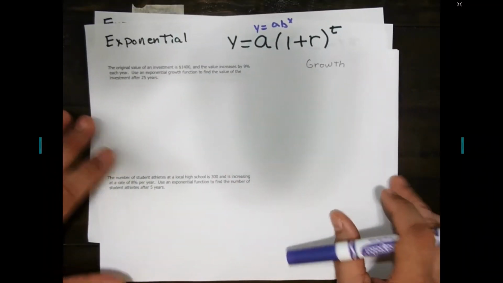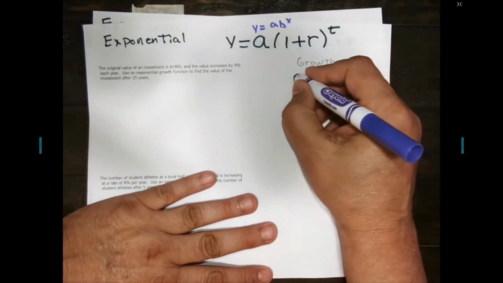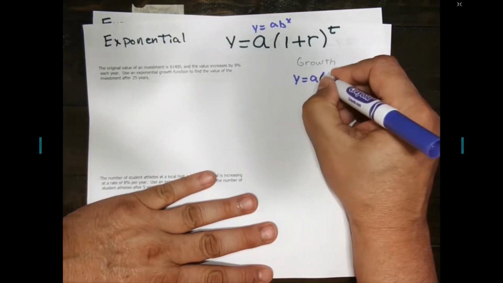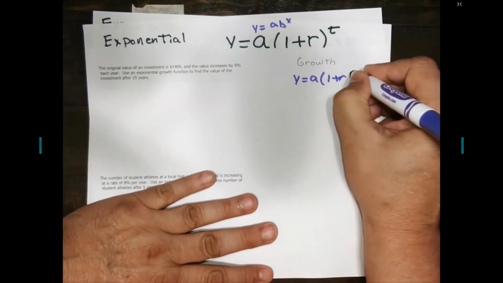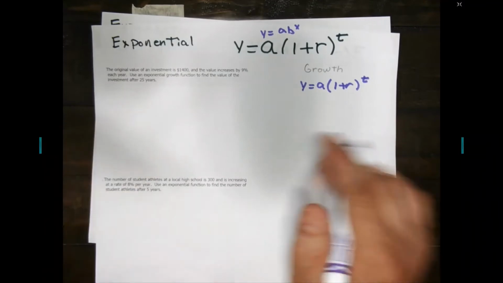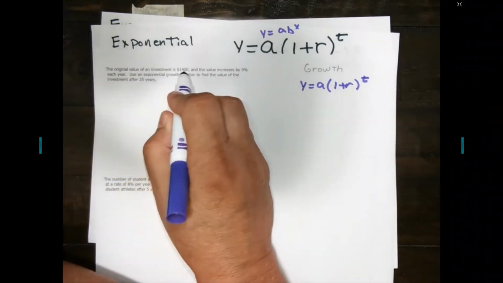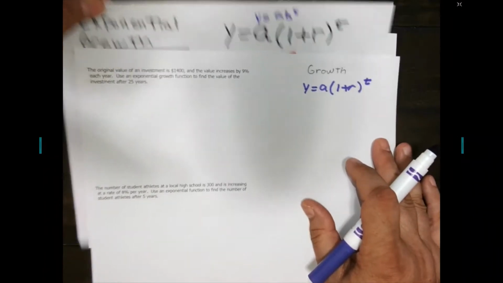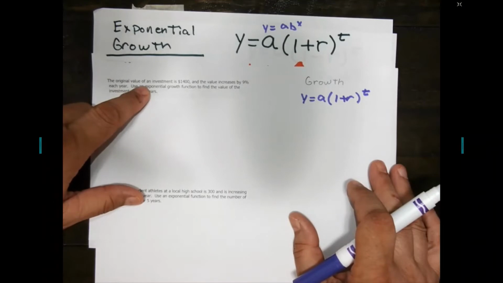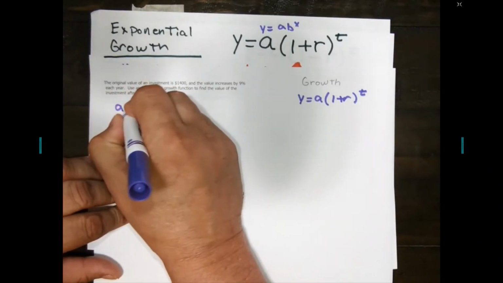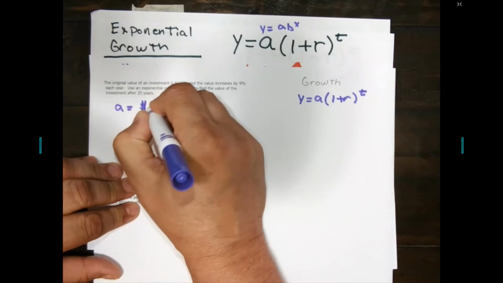Okay, exponential growth. So we know the function, again, is y equals a times 1 plus r to the t. Let's read this question. The original value of an investment is $1,400. Well, remember, A is the initial amount. So the original value, initial amount, it's the same thing. So we know our A, in this case, is equal to $1,400.